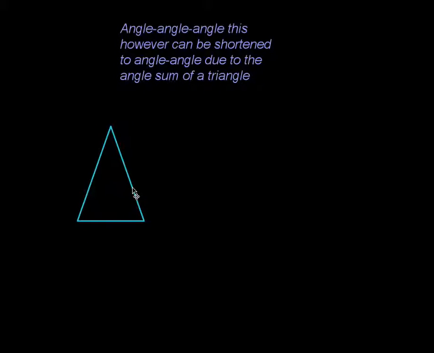Okay, so if I were to construct a triangle like so, and simply replicate it here, these two would be congruent, as you can tell easily.